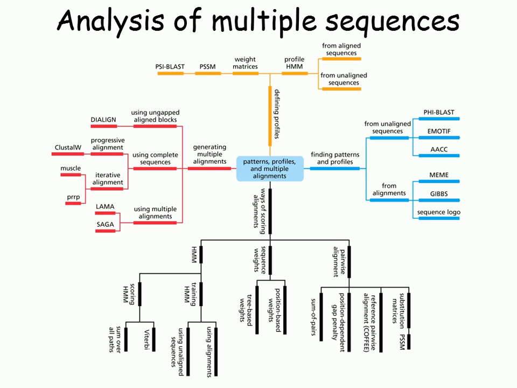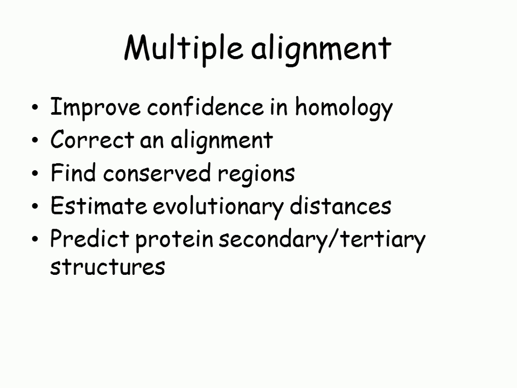So far, we've covered pairwise alignment and alignment statistics. But now we'll move into multiple alignments and alignment profiles or sequence profiles. So why do we do multiple alignment? We use it to improve confidence in homology. If you find two things that are similar, you may not be convinced that they come from the same ancestor.